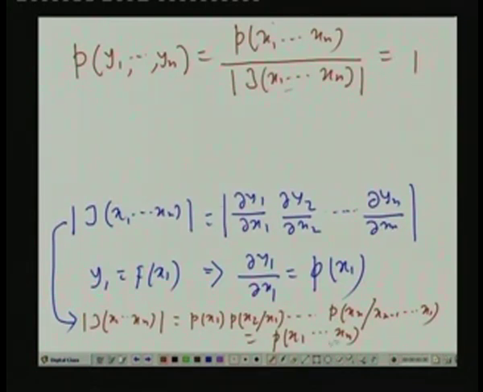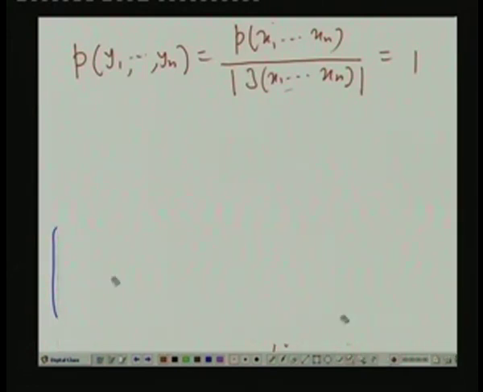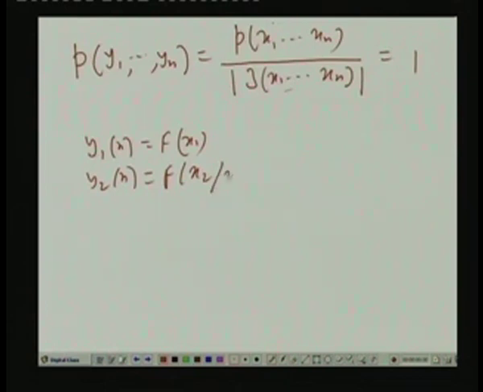Now, I forgot to mention that, consider y1 as before, that was F x1, y2 that was F x2 by x1, and so on up to yn.